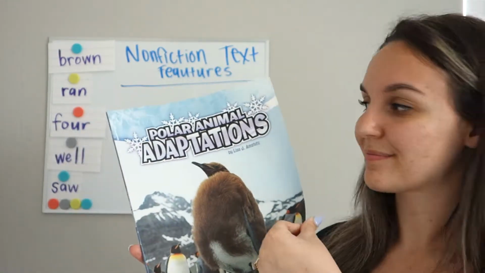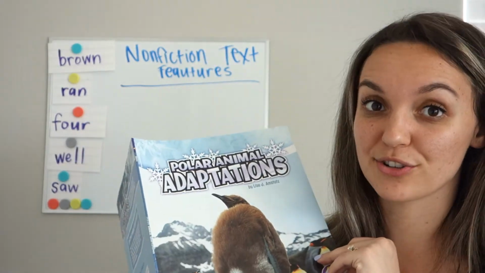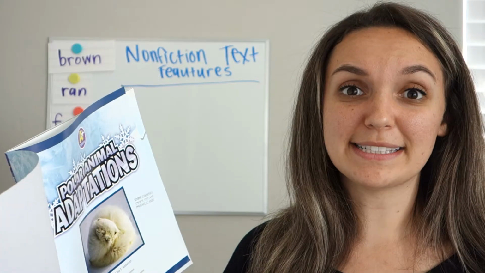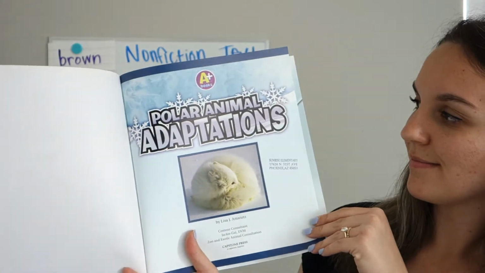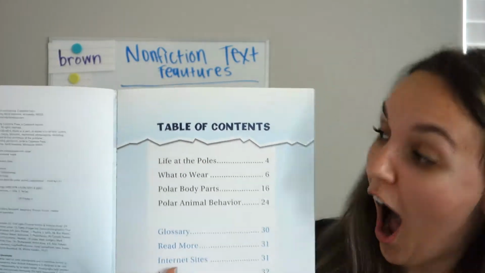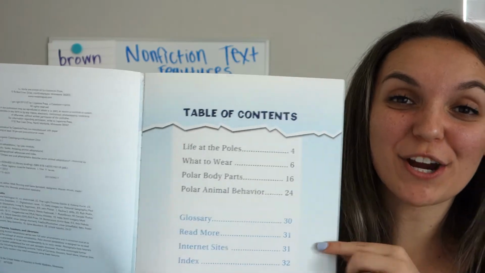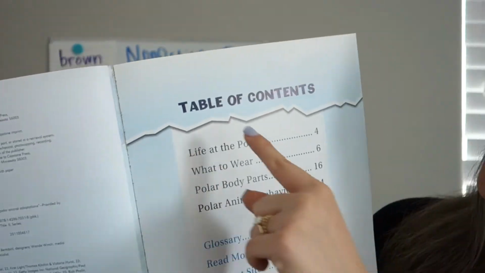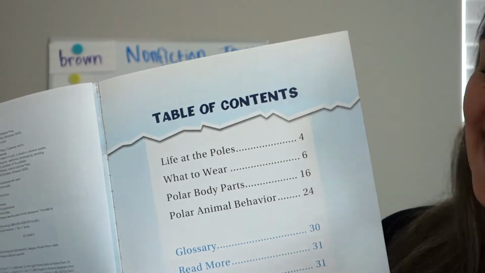Alright, let's start. And we're on the lookout for text features, okay? So if we see a text feature, then you gotta say, Miss Penelope, I see a text feature. What is this called? This is the table of contents.